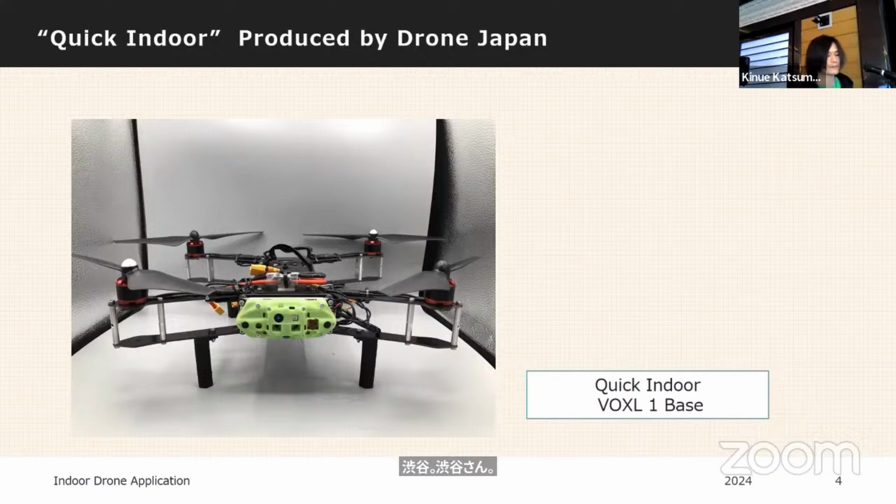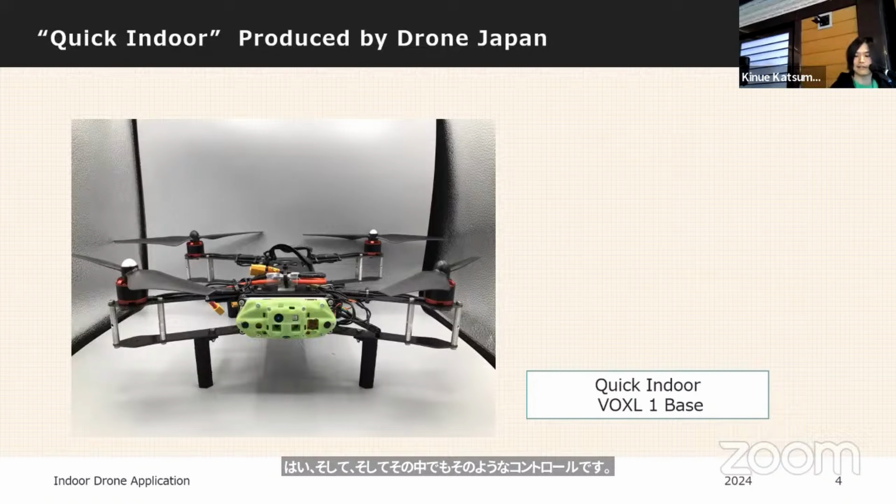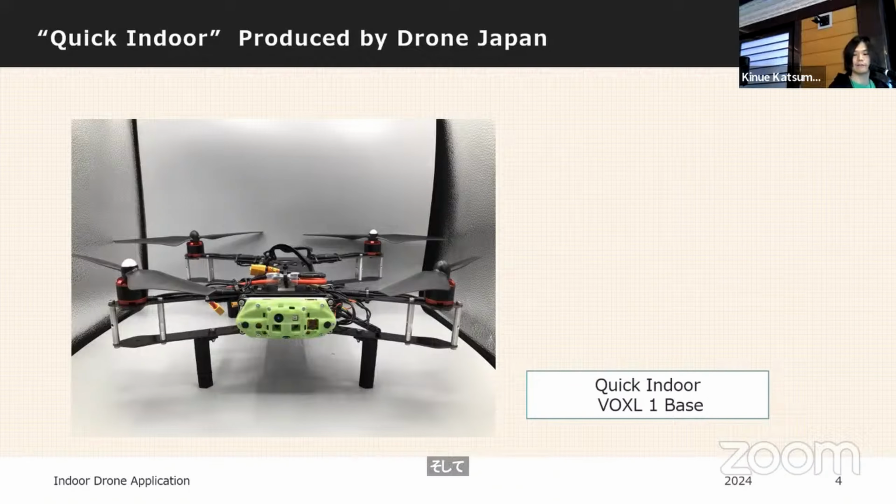Hi, so let me explain a little about tips and our recent efforts. During flight, we encountered challenges with vibration, which affects localization by the Voxl vision system. To address this, we made efforts to reduce vibration impacting both the Voxl and the flight controller.